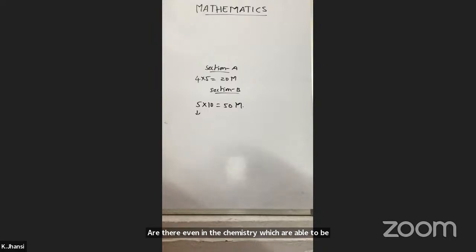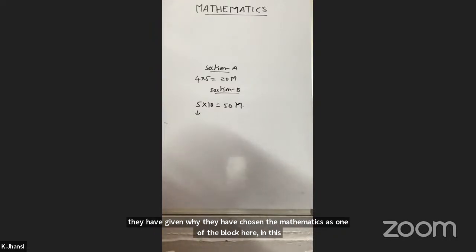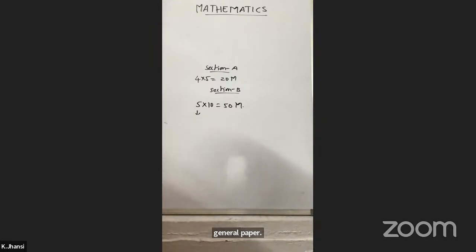If you see the introduction in your textbook regarding mathematics, they have given why they have chosen mathematics as one of the blocks in this general paper. In mathematics for chemistry students, it is given that the subject of chemistry requires knowledge of basic mathematics.